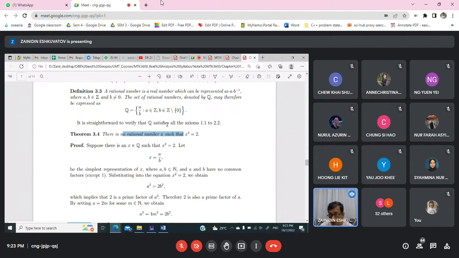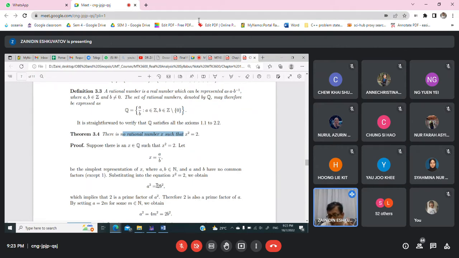Substituting this in here, equating with 2 and shifting the b squared to the right, you will get this. Now from here you can see, which implies 2 is a prime factor of a squared. Therefore, 2 is also a prime factor of a.